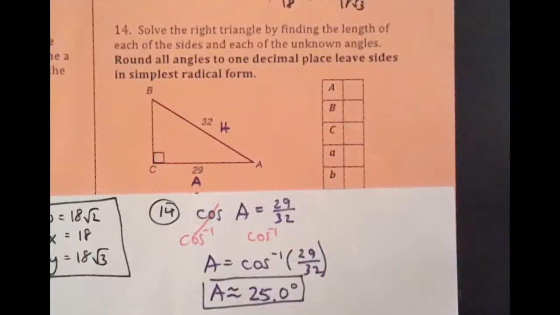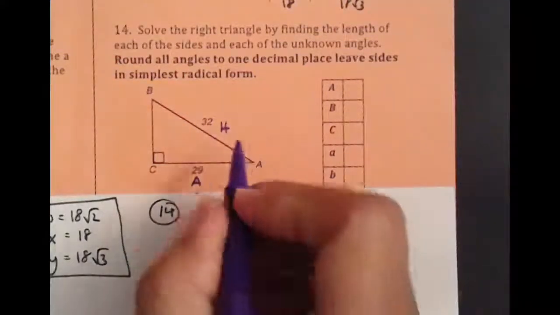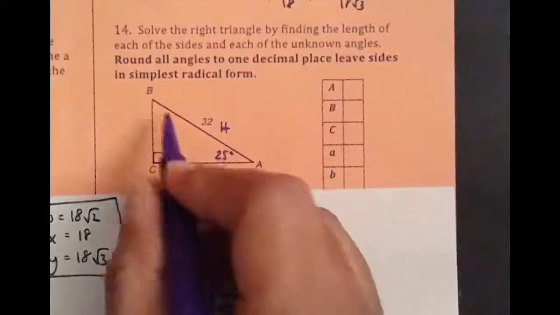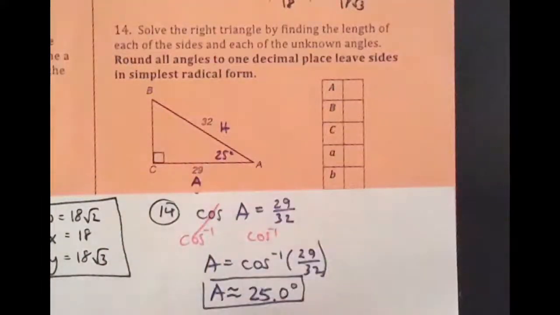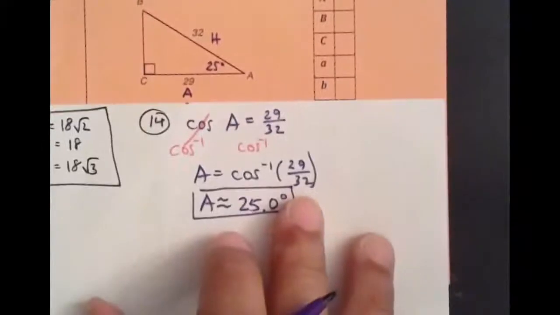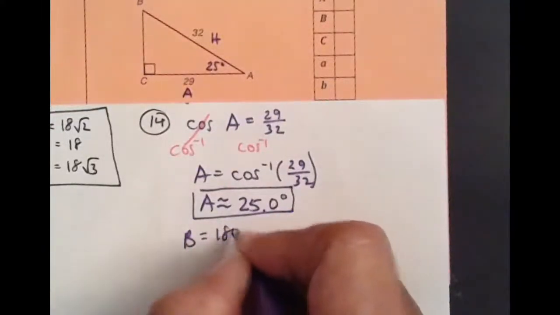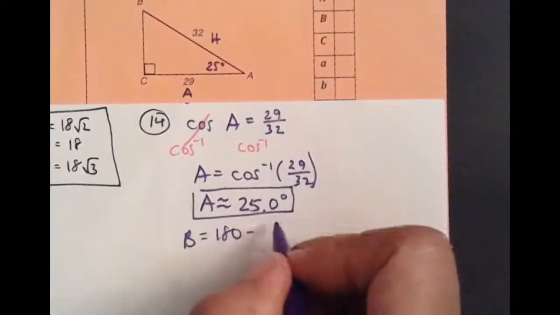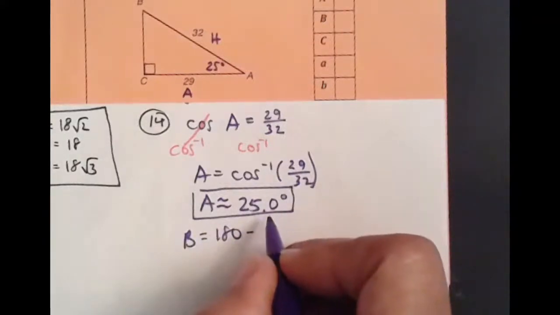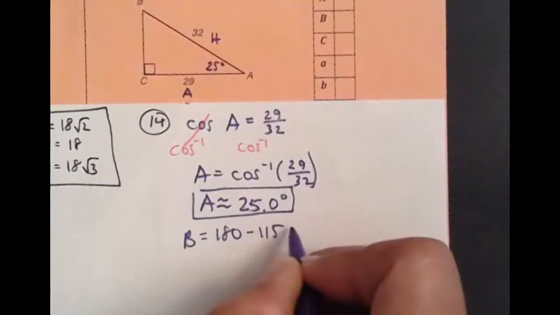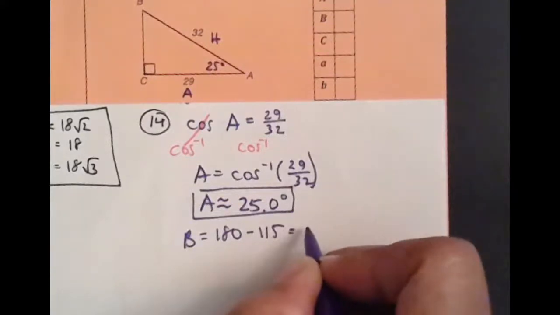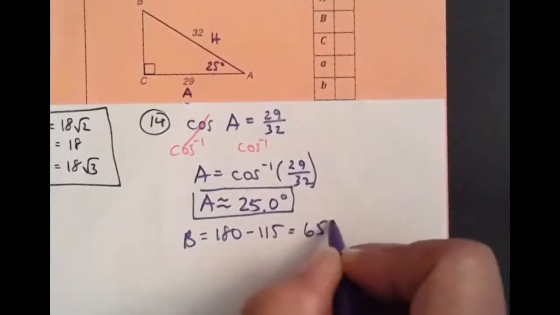So we know angle A. Since I have angle A, I know angle B. Since this is 25 degrees, and a triangle adds up to 180 degrees, I'm going to find angle B by taking 180 and subtracting the 90 and the 25 together. That's 115, and subtracting that gets you a total of 65 degrees.